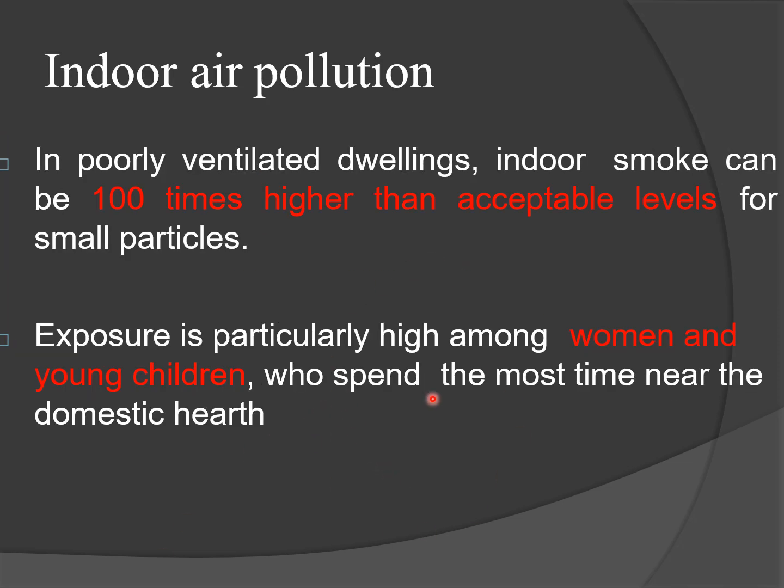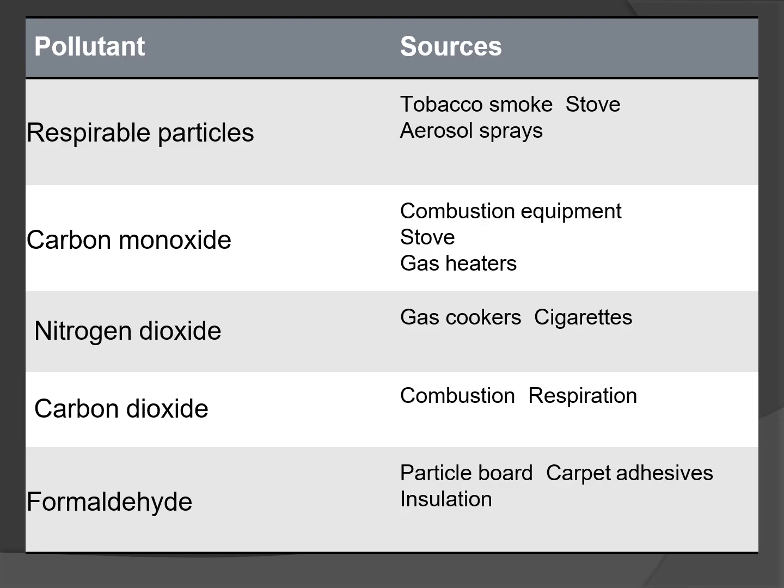Again, some more information with respect to indoor air pollution. In poorly ventilated dwellings, indoor smoke can be 100 times higher than acceptable levels for small particles. Exposure is particularly high among women and young children who spend the most time near the domestic fire. The pollutants are respirable particles, carbon monoxide, nitrogen dioxide, carbon dioxide, formaldehyde.